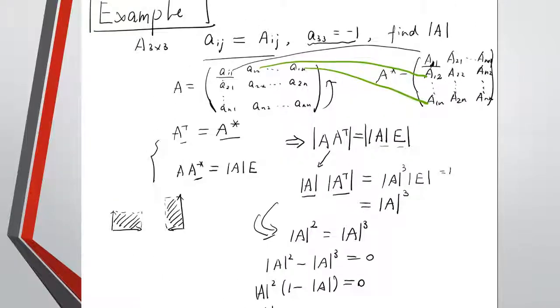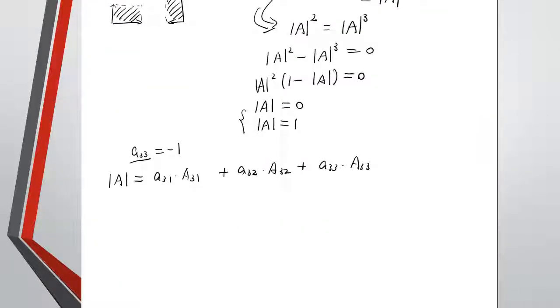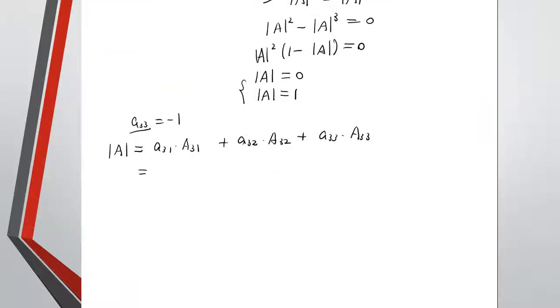Then let's double check, because each element Aij equals its algebraic complement capital Aij. See? So actually we can simplify this as A31 squared plus A32 squared plus A33 squared.